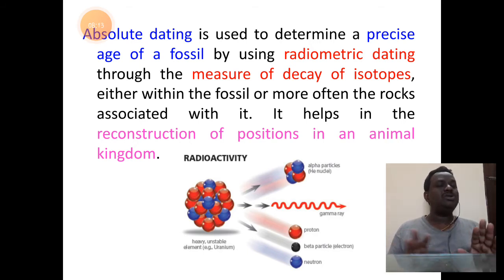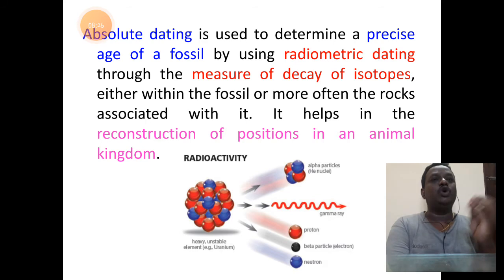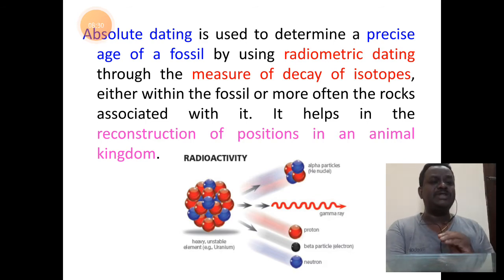It is a naturally unstable element. So it naturally breaks down to form the daughter elements. That is, a parent element or isotope breaks to form daughter elements producing enormous energy.